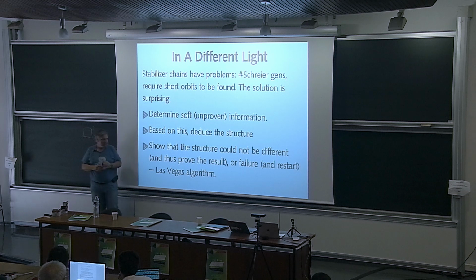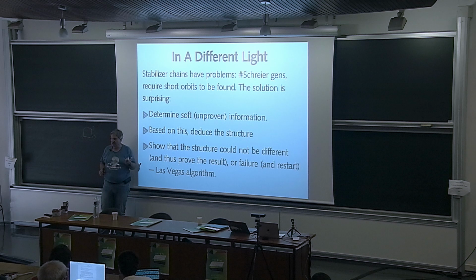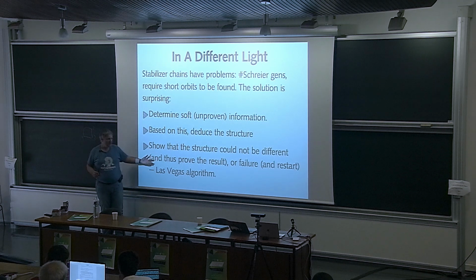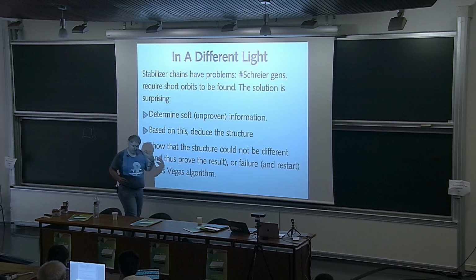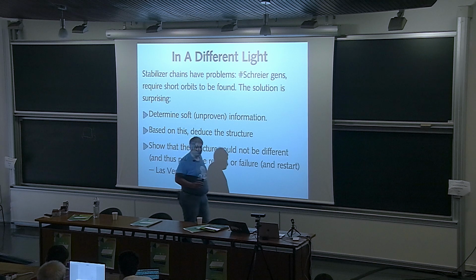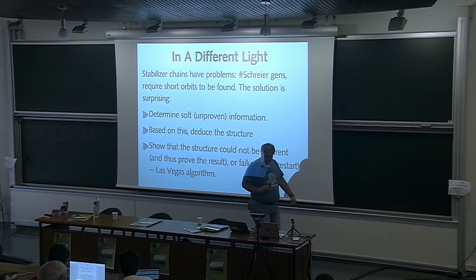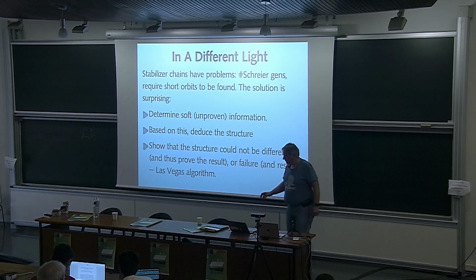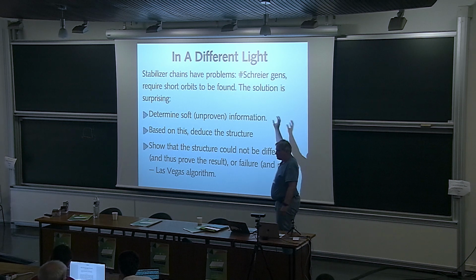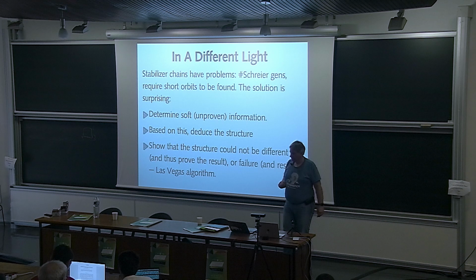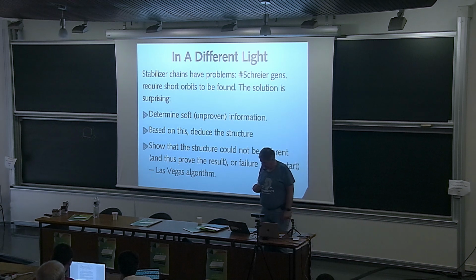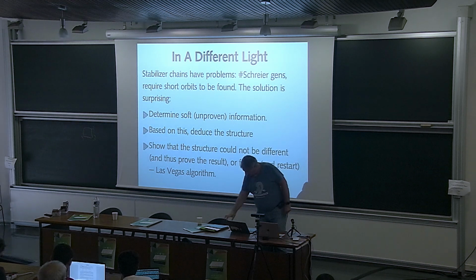And so the worst case runtime of such algorithms is unbounded. But in practice, you will very rarely be unlucky. And so the practical runtime is good. And that's basically the tool which will be used to get around this issue of the large number of Schreier generators.